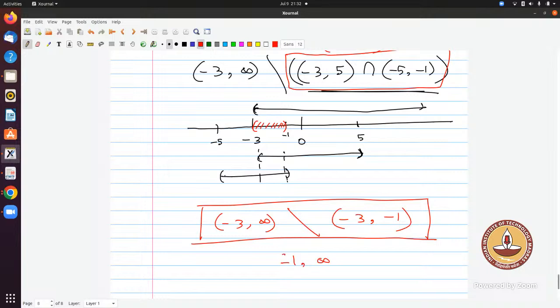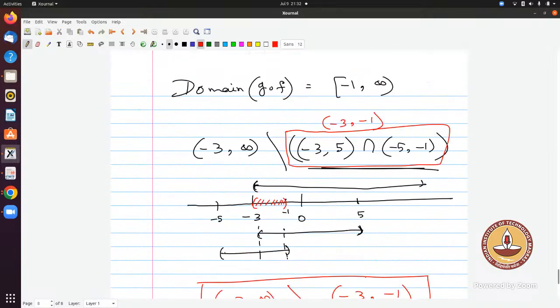And -1 will be included, because here -1 was included and outside it is open. So the second option is also denoting the same thing, -1 to infinity. So this option is also the domain of g compose f. Is it clear?